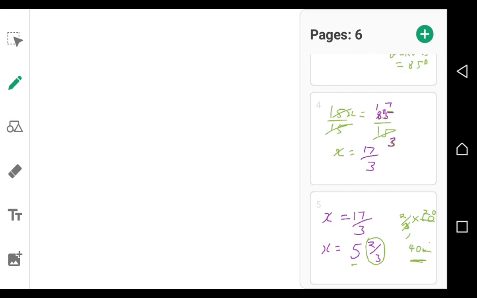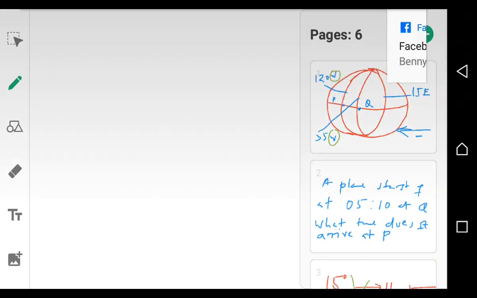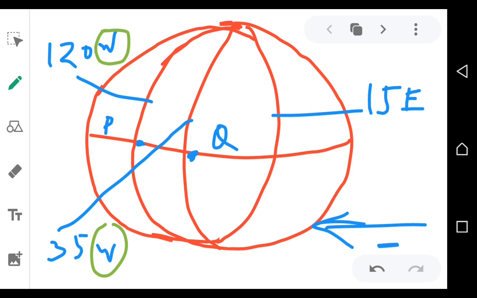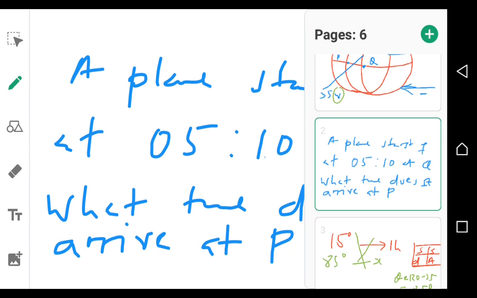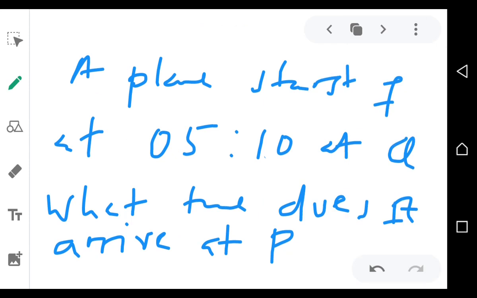So I was moving from what to what, according to the question? I'm moving from Q to P. So I'm going the opposite way, so I'm subtracting.